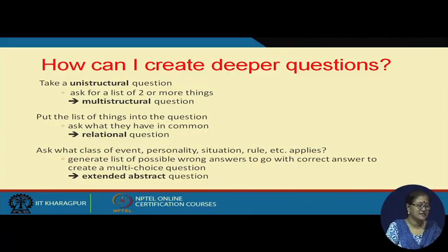And if you generate a list of possible wrong answers along with the correct answers, you create multiple-choice questions, and ask what is your idea about this, critically analyze these types of questions, it will go to the extended abstract level. So, in any topic, you can develop the questions from unistructural to multistructural, multistructural to relational, and relational to extended abstract.